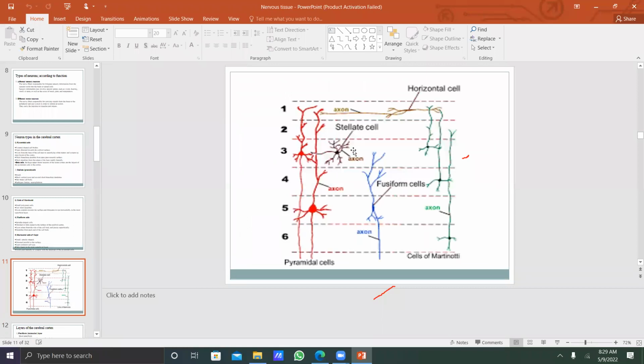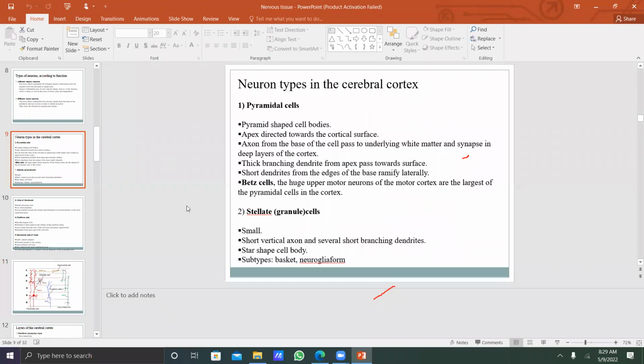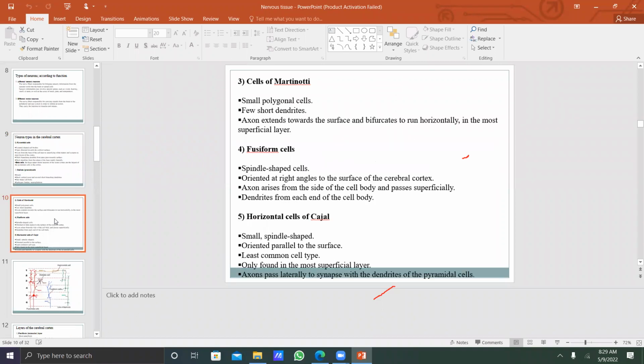It has a very star-shaped cell body, a long axon and short dendrites. They too have subtypes which are called basket cells and the neurogliaform type of stellate cells.